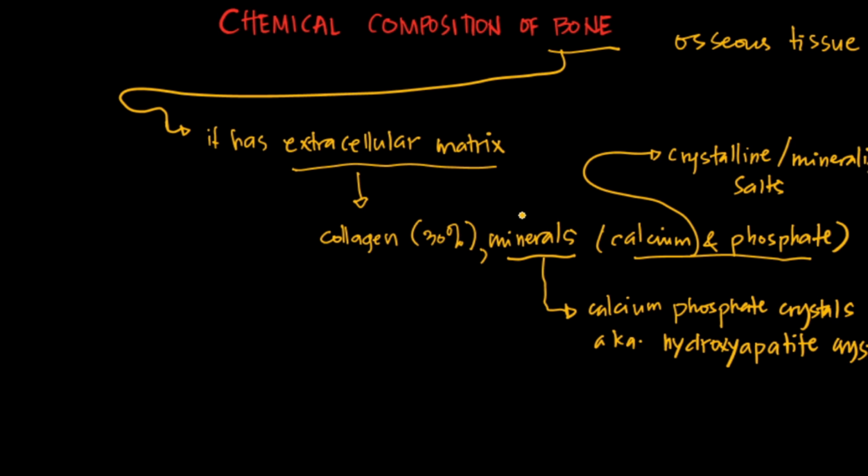Your minerals account for 55%, the most abundant. Again, we have your calcium and phosphate, or your crystalline and mineralized salts. So it is much larger than the collagen component.